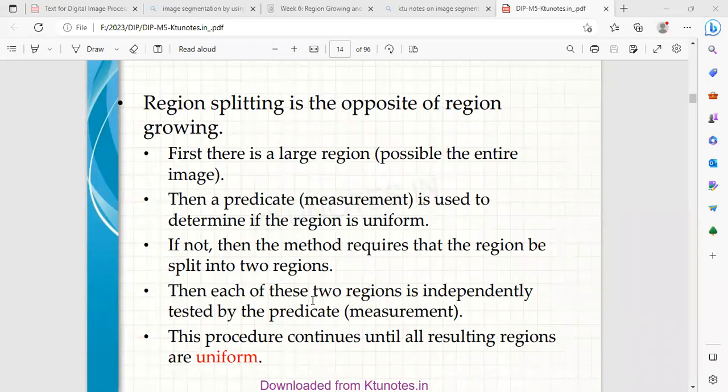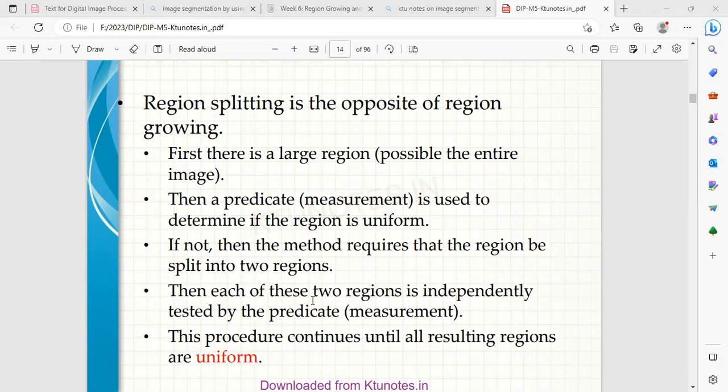And we use the predicate to check if the region is uniform. If it is not uniform, you split the region again into two regions. Then these two regions are independently tested by the predicate.